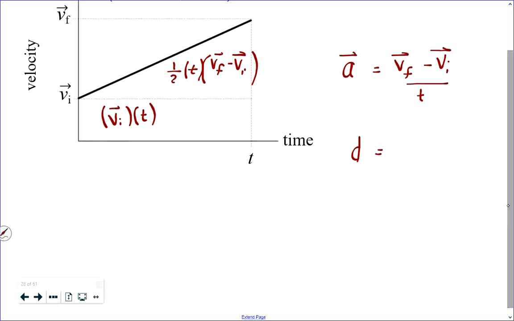What that means, everybody, is that the displacement of this object will be VIT plus 1/2 times T times VF minus VI. Are you with me still?